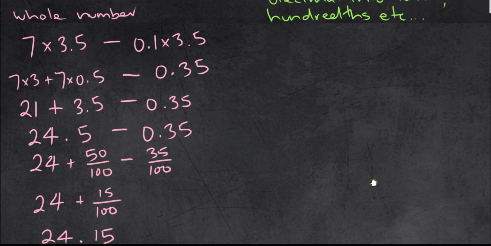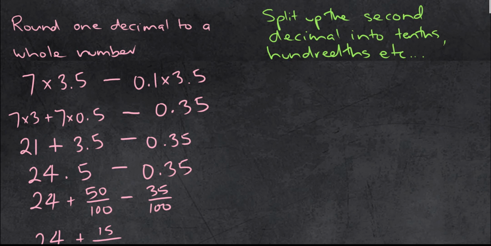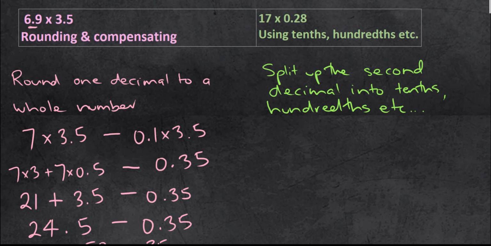Okay, the last strategy here is splitting up the second decimal into decimal fractions. So I've got 17 times 0.78, so that becomes the same as 17 times that 2 is 2/10.